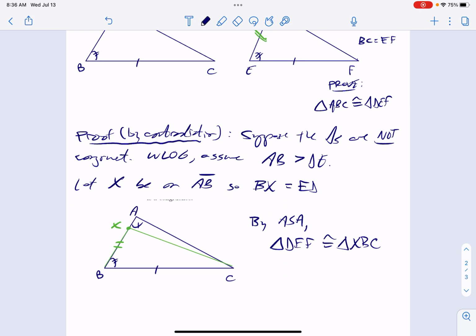So then by CPCTC, that means that angle BXC, the top angle for this triangle, is congruent to the top angle in this triangle, which would be triangle EDF. Sorry, angle EDF.